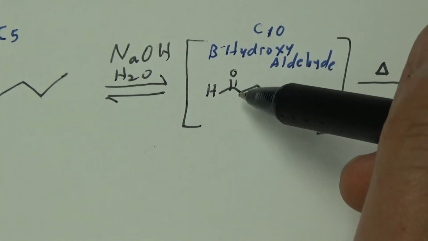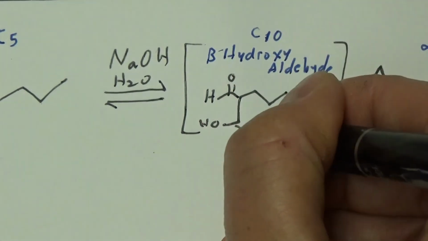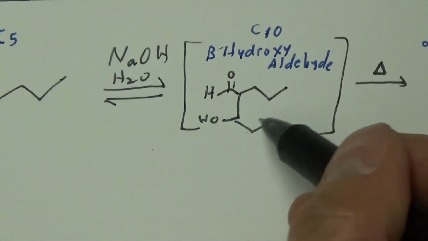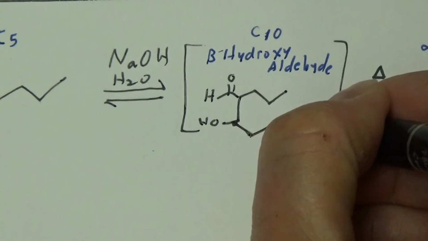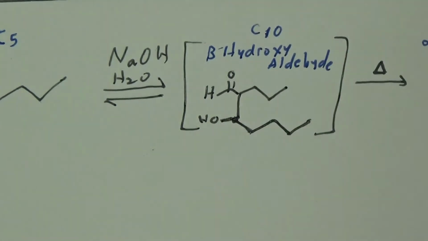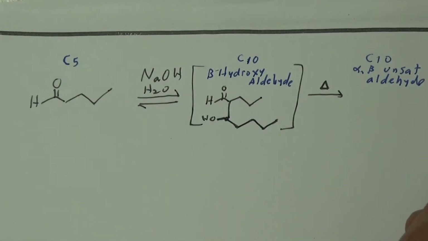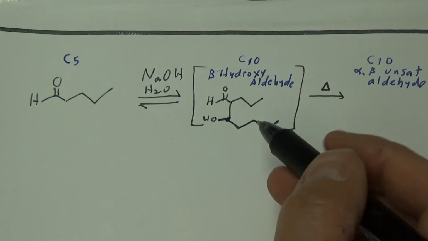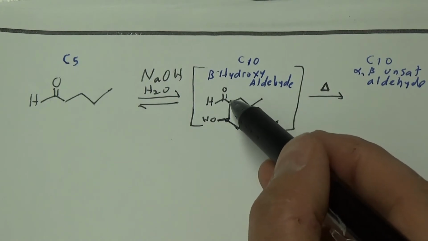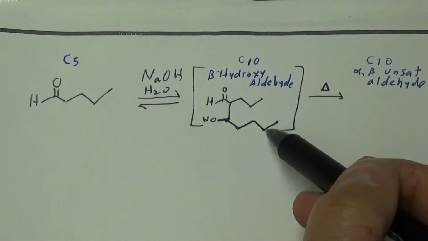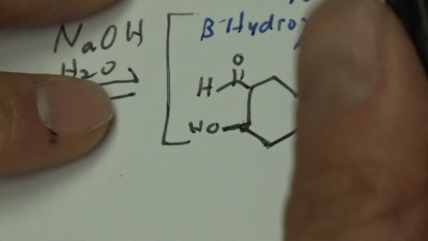It's basically attached with another version of itself, and that's down here, OH, 1, 2, 3, I think it should be 5, 1, 2, 3, 4, 5. So, is this 10? Should be 10. 1, 2, 3, 4, 5, 6, 7, 8, 9, 10. That's good. Is it beta hydroxy? I'll clean it up a bit.